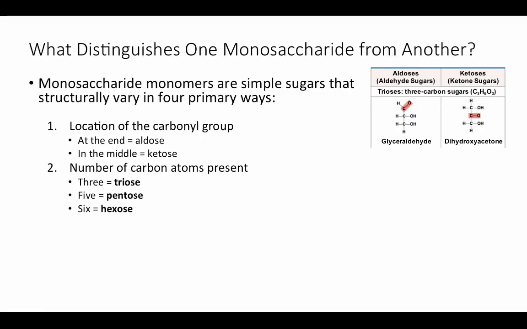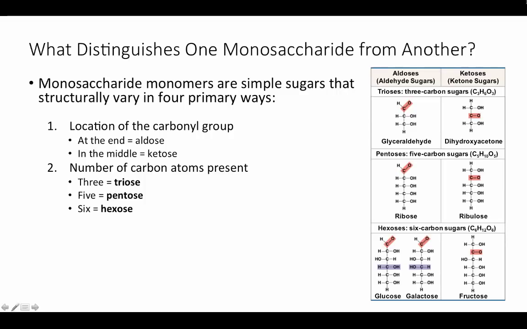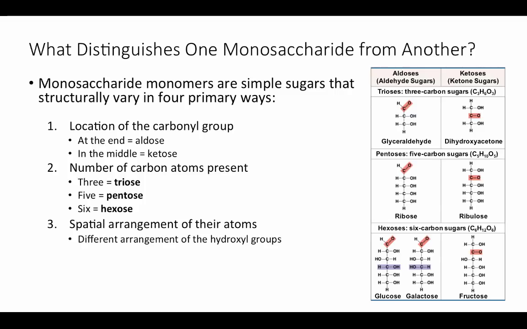Second, they can vary in the number of carbon atoms present. We can see here examples of trioses, pentoses, and hexoses, both aldose versions and ketose versions of all of these, that gives these carbohydrates fairly high diversity of structure. They can vary in the spatial arrangement of their atoms, so there can be different arrangements of the hydroxyl groups.